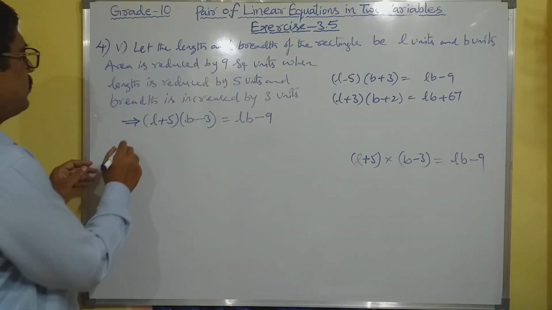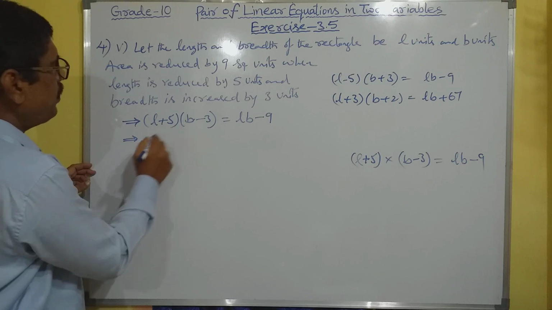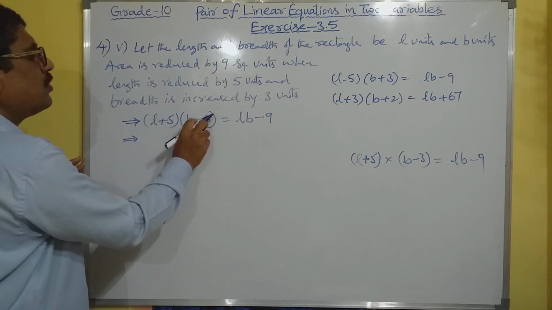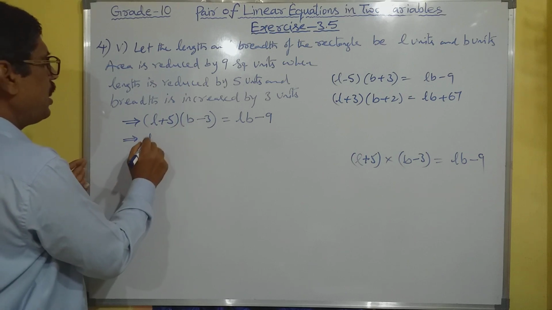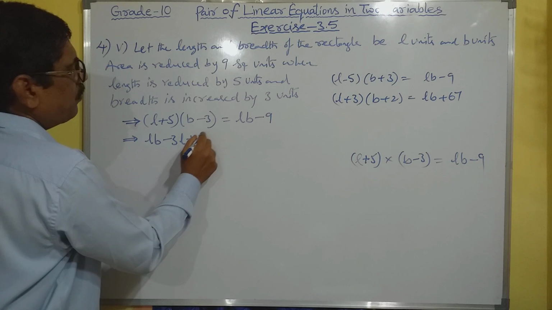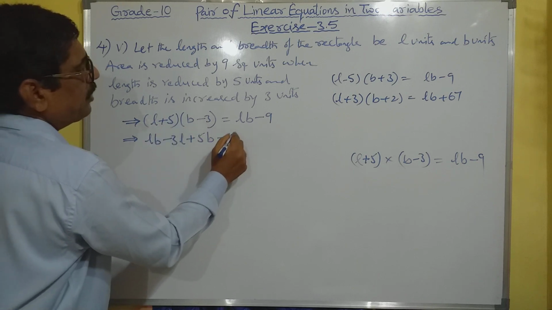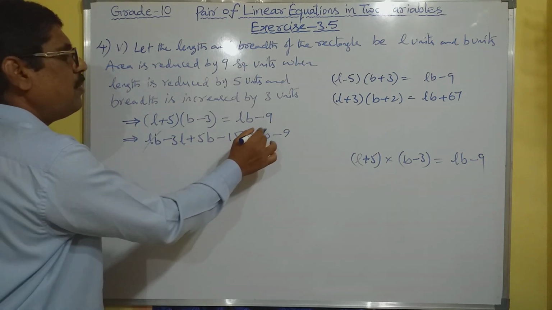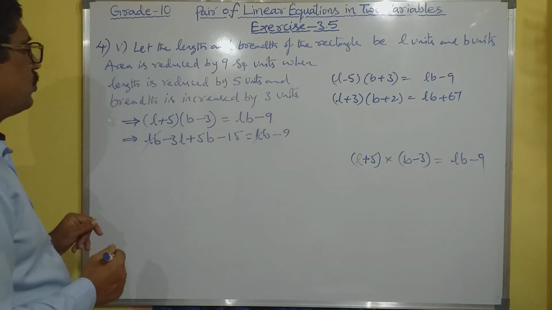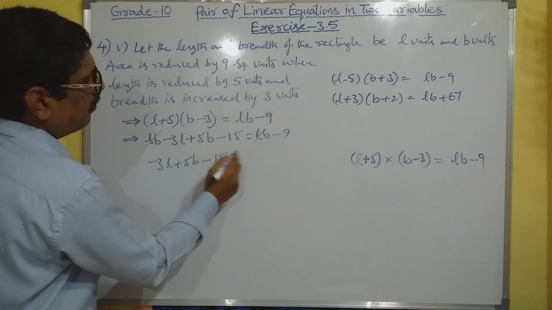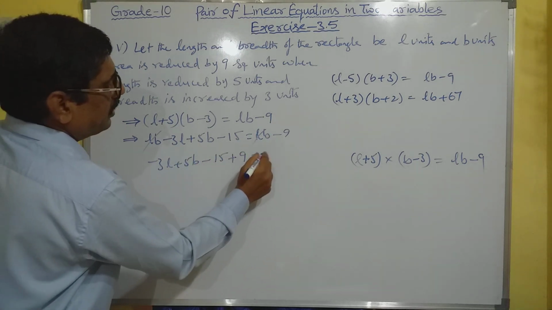Let us simplify this. Let us multiply. With L we have to multiply both the terms in the second bracket. L into B, LB. L into 3, 3L. Minus 5 into B, minus 5B. Minus 5 into 3, minus 15, equals LB minus 9. Now LB will be cancelled on the LHS and RHS. Now 3L minus 5B minus 15, we can take minus 9 to this side, plus 9.